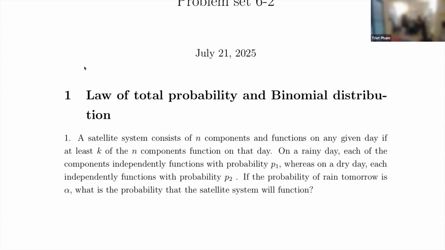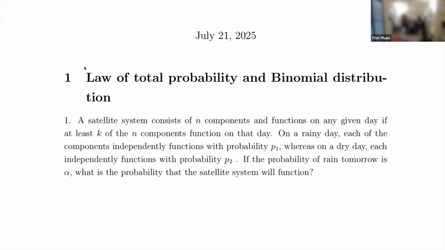All right. So how do we solve this question?